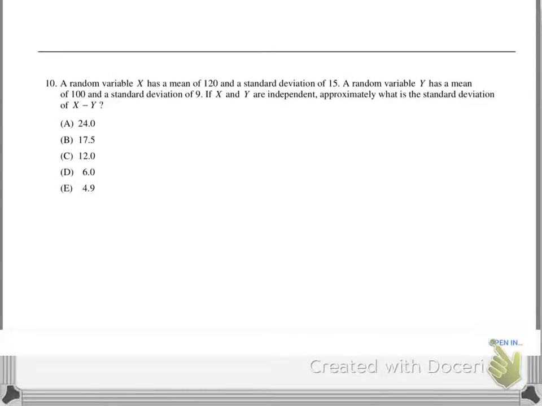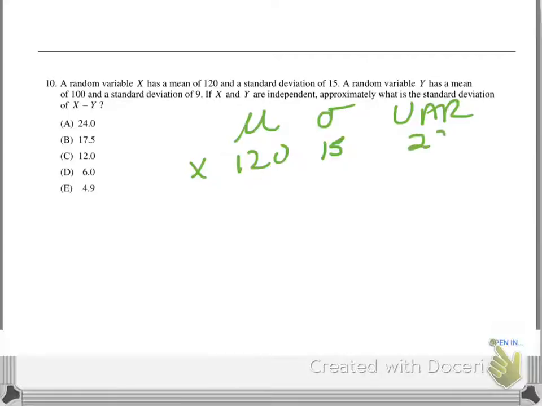Okay, so let's go do this. And remember when we did this, we have mean, we have standard deviation, and I also asked you to find the variance. So for x, it's 120 and 15, so the variance would be 225, because remember that's squared. And then y is 100, standard deviation is 9, and variance 81.